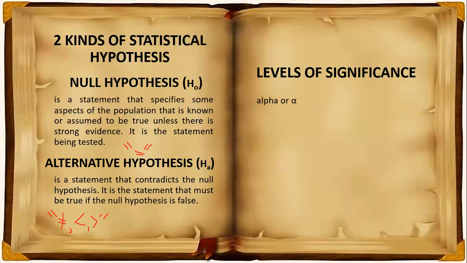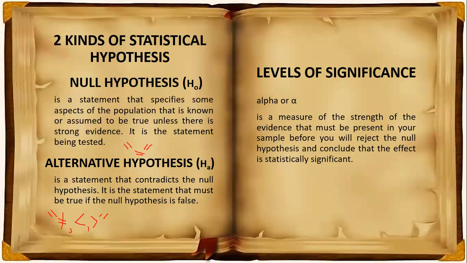So alpha is a measure of the strength of the evidence that must be present in your sample before you will reject the null hypothesis and conclude that the effect is statistically significant. So the level of significance, class, is defined as a probability, the probability of rejecting the null hypothesis.